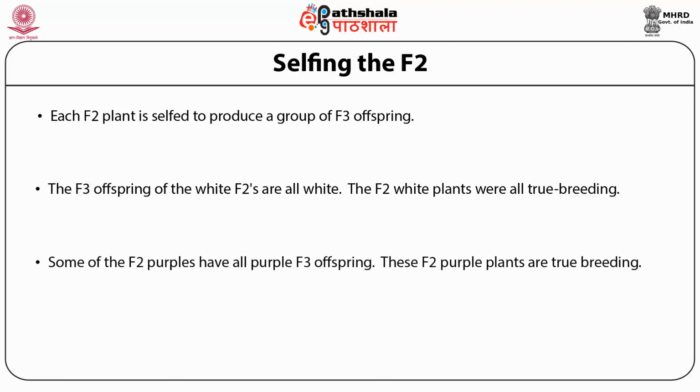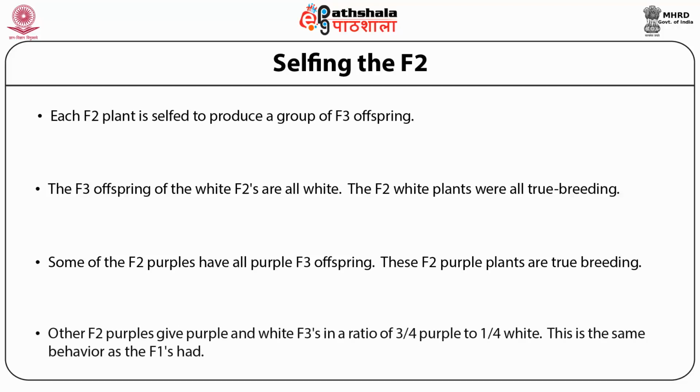Some of the F2 purples have all purple F3 offspring. These F2 purple plants are true breeding. Other F2 purples give purple and white F3 in a ratio of 3/4 purple to 1/4 white. This is the same behavior as the F1 had.